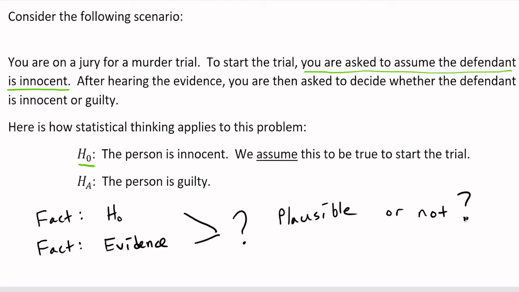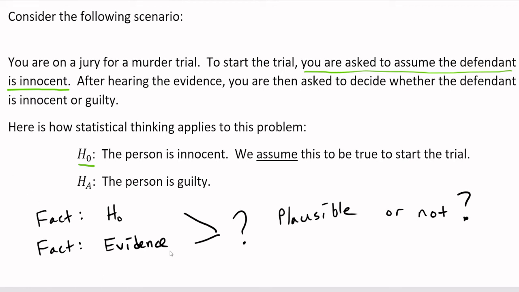Maybe there's some kind of other evidence that's there. Blurry video camera evidence. And so you're thinking you've got, okay, these things here, motive, a witness, you've got some blurry video. Is it possible that all of those things could be given to you as true and the person also be innocent?